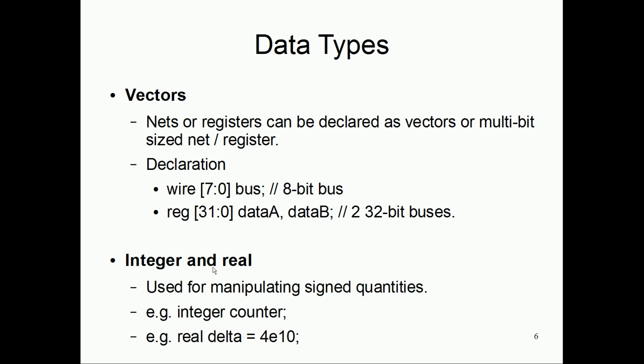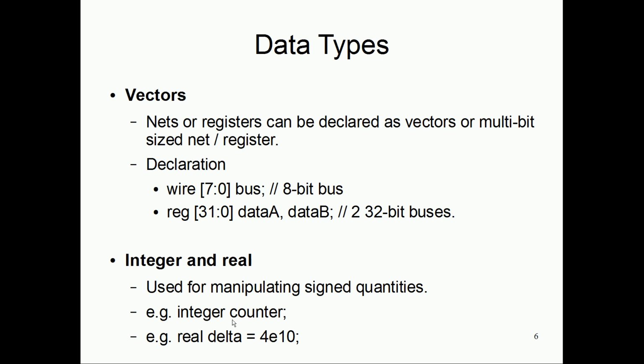Similarly, for a register also, we can do a 32-bit register storage, like reg [31:0]. That means I have 32-bit storage indexed from 0 to 31, and each bit in that group I can access by the index number. Like in any other programming, there are integer and real numbers also.